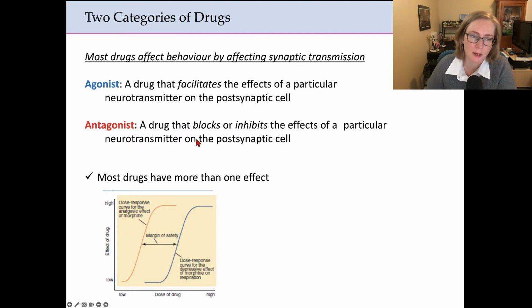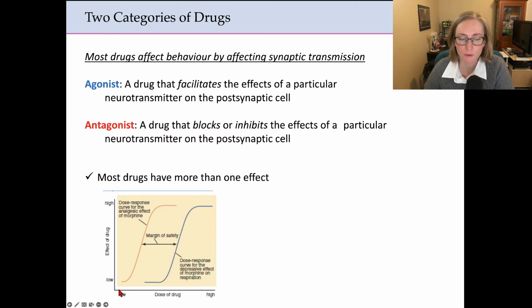Also, one thing to keep in mind, most drugs actually have more than one effect. So this one here is a pretty stark illustration of that for morphine. We'll use morphine to not feel pain, like after surgery, for example. A very low dose of morphine is already going to have analgesic effects so that you don't feel pain anymore.